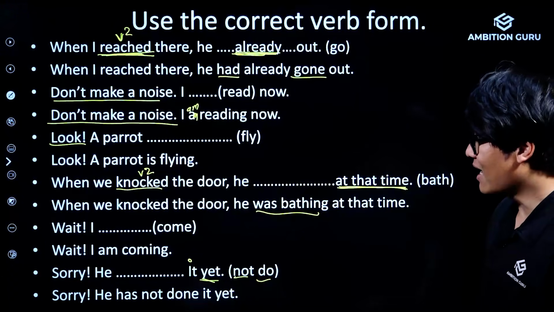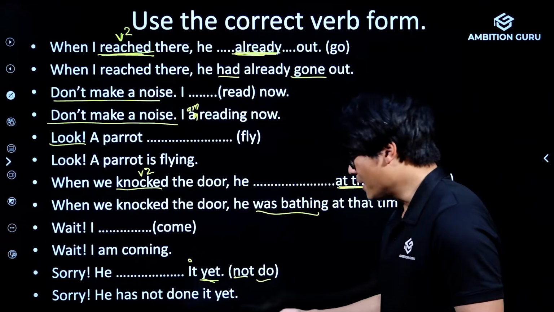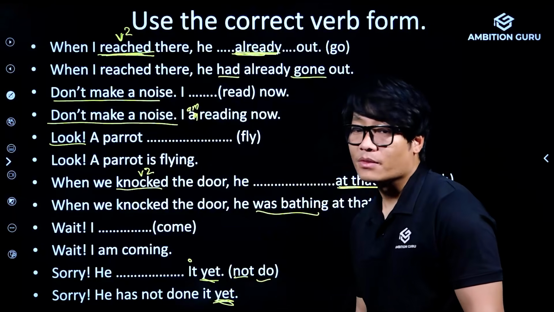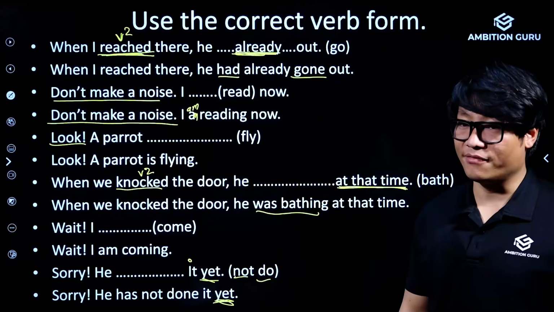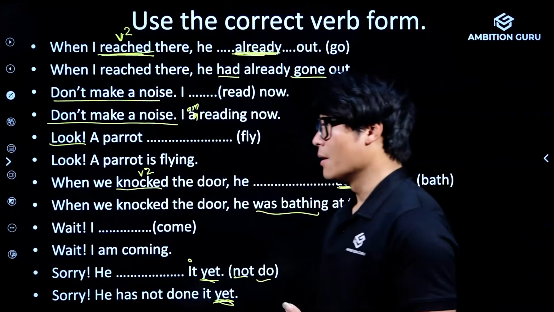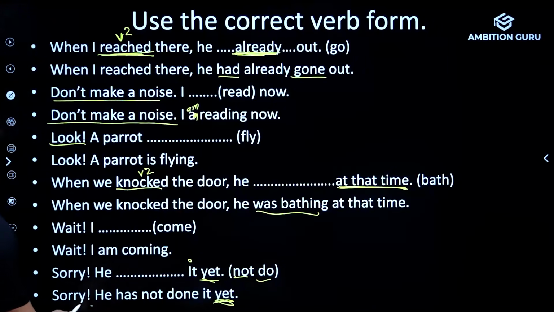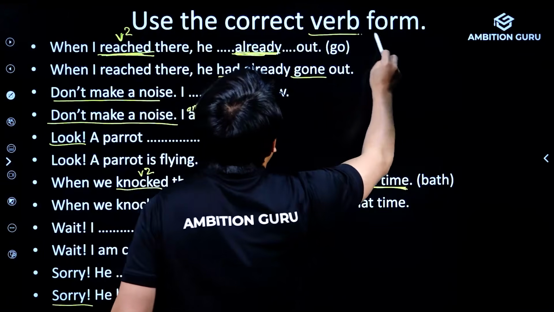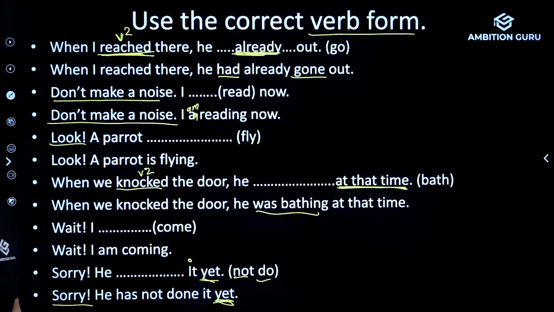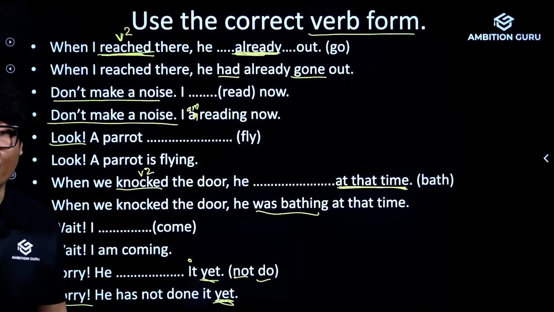How can we guess that here is has not? Because you can see here yet, and yet is used in the negative, especially with the present perfect, past perfect or future perfect. But here is sorry, so it obviously indicates the present perfect. Sorry, he has not done it yet. Absolutely. So use the correct forms of verb. I know that you don't have a problem with this.